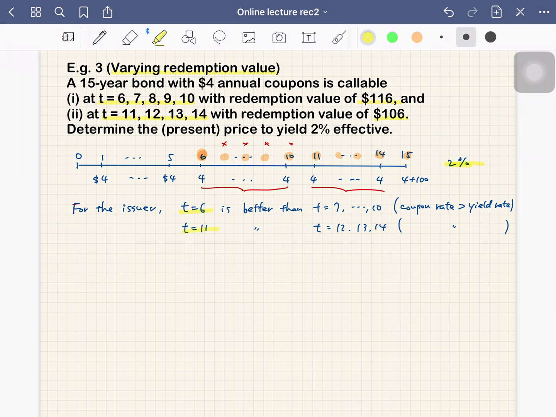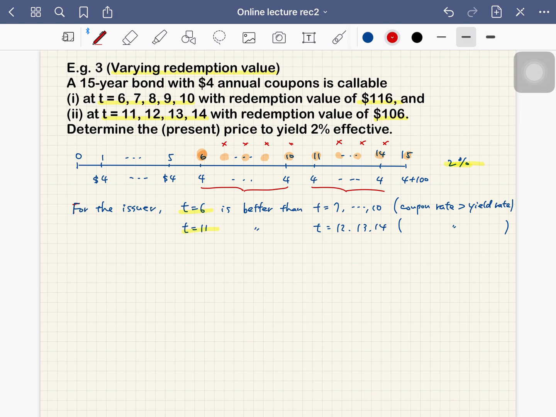So we can eliminate the possibility of 12, 13, 14. And 15, we are not really sure. So basically we have to compare t = 6, 11 and 15. We only have to think about the 3 cases.